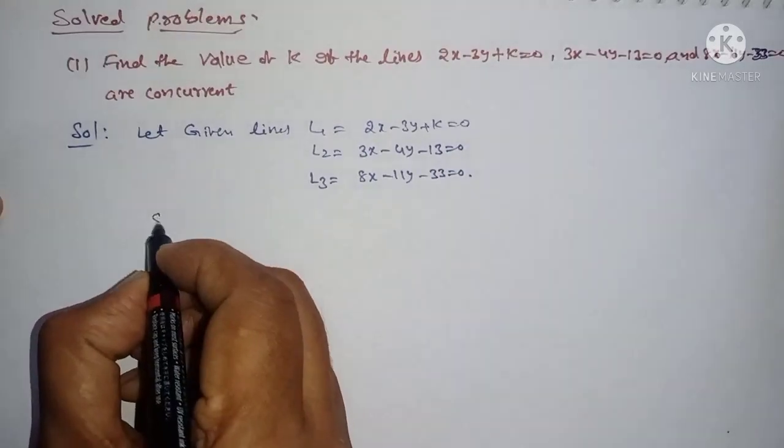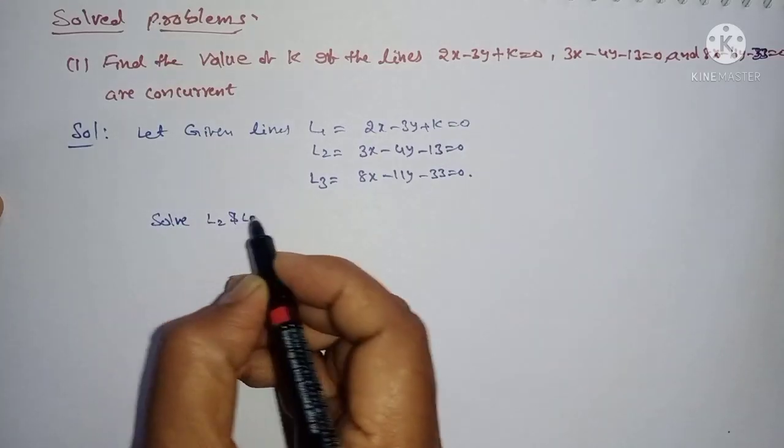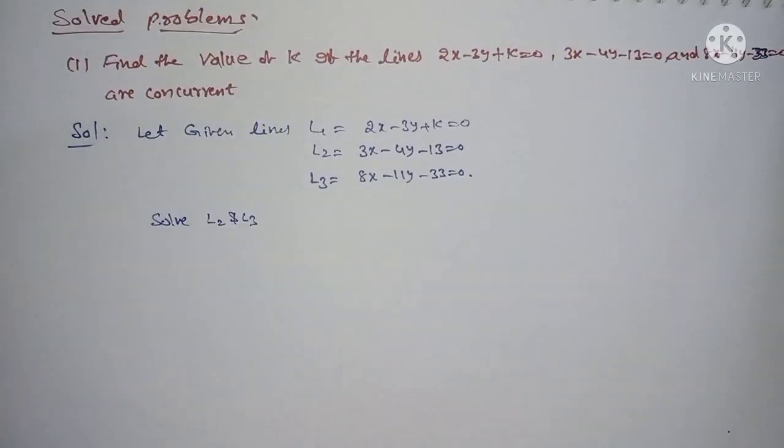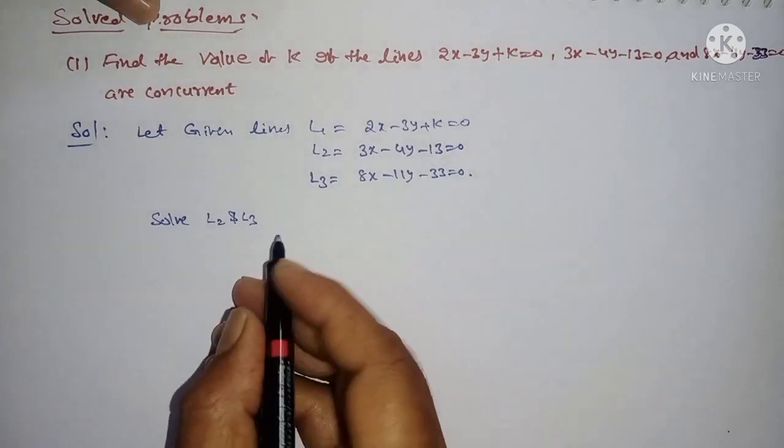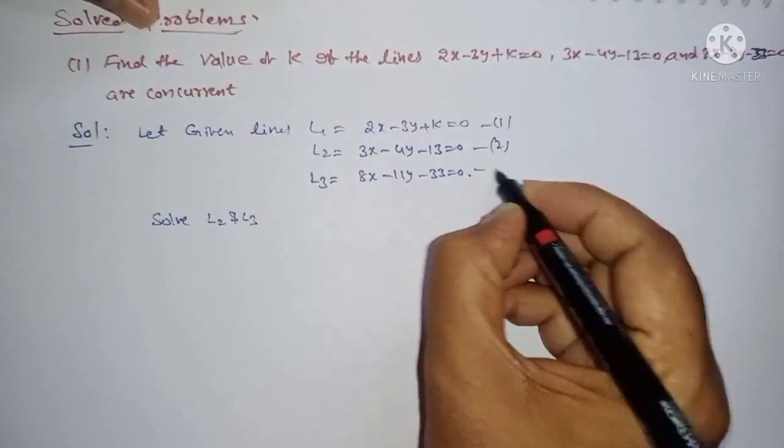You can solve L2 and L3, find the intersecting point, and substitute it in L1, and therefore you can find the k value. Call these equation numbers 1, 2, 3.